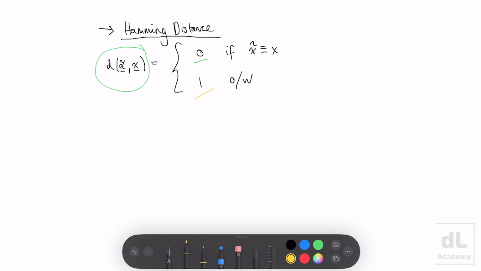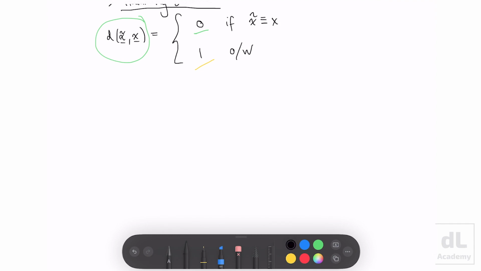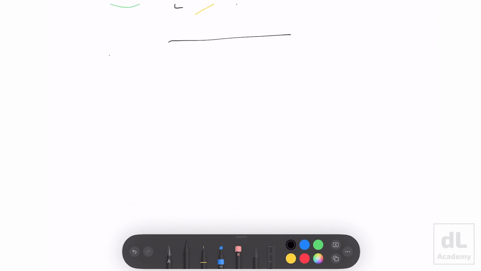Okay, final part of this is how we choose k. I said at the beginning that this was a non-parametric method. And I remember first thinking about this and thinking, well, this is odd.